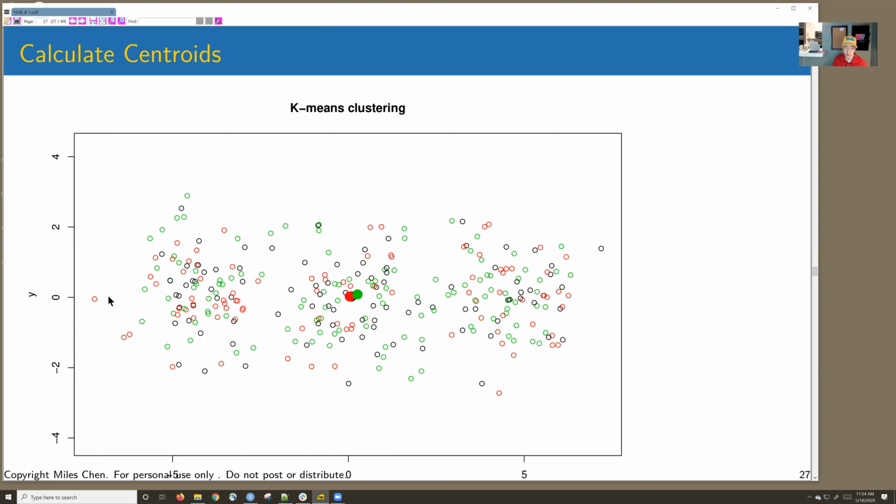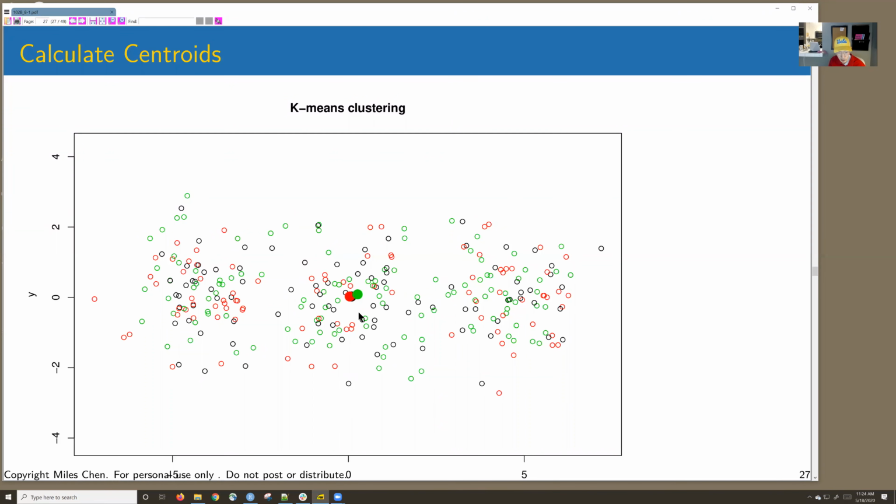For all of these points over here, we ask, which centroid is the closest? We come over here and we go, oh, red is the closest. Green's a little farther away. Black's a little farther away. So pretty much all of these data points will get red assigned as the closest. There's only going to be a handful of points in here that will say black is the closest centroid.